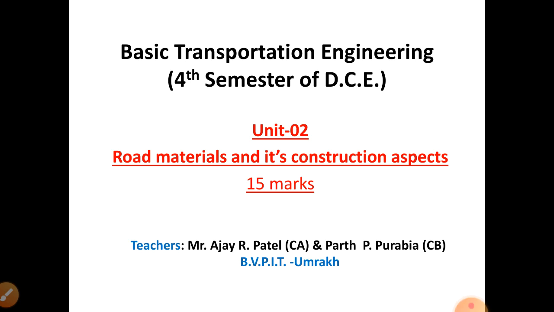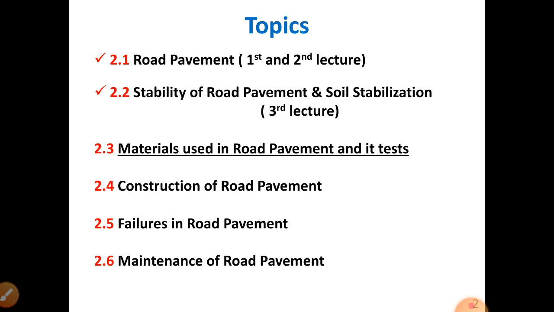I welcome you to the fourth lecture of unit number 2, road materials and its construction aspects, in the subject basic transportation engineering. We covered the first topic, road pavement, and the second topic, stability of road pavement and soil stabilization.